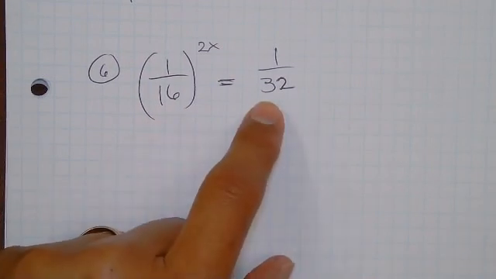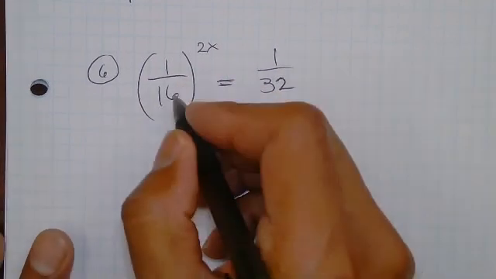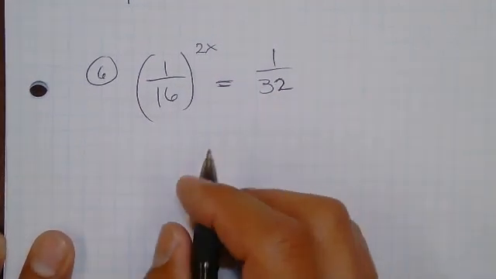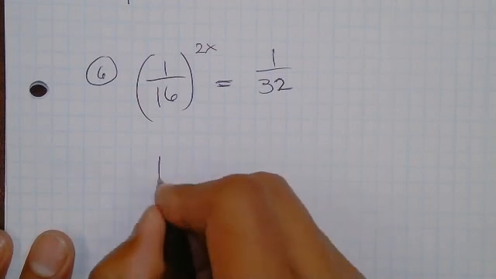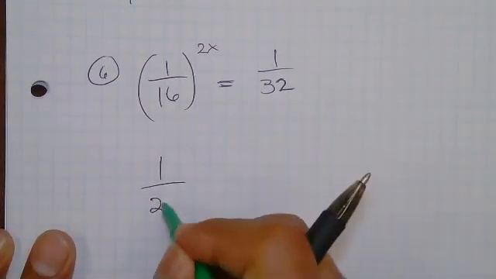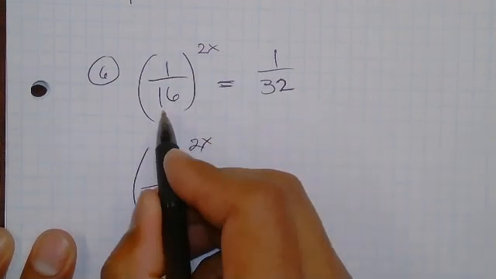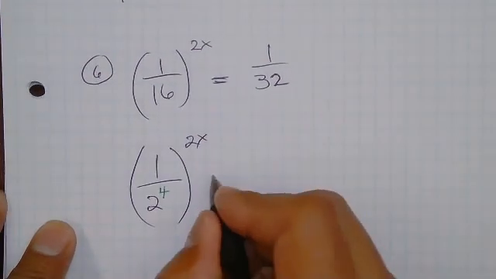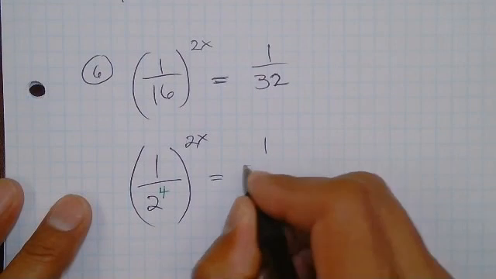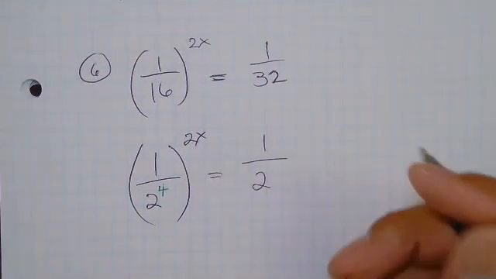How about 4? 4 can go into 16. 4 to the power of 2 is 16. Oh, but 4 does not go into 32. So what is it going to be? 2. Careful. So that's going to be 1 over 2 to the power of 4, raised to the power of 2x. 16 is 2 to the power of 4.